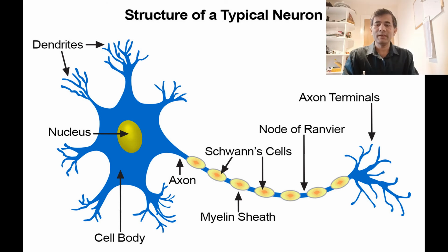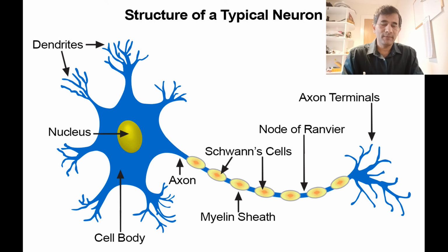So these hair-like parts can be of two types. Usually there is a single long part or process, it is called as axon, and there are many short branched parts which are called as dendrites.